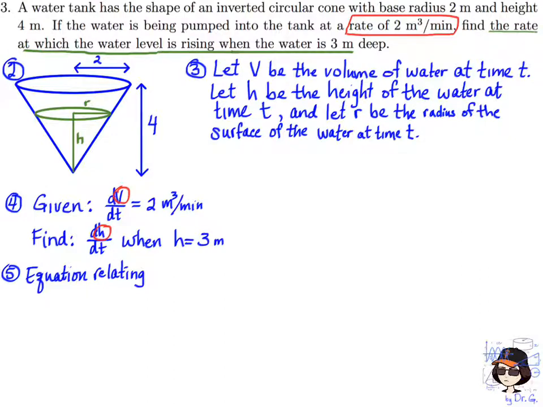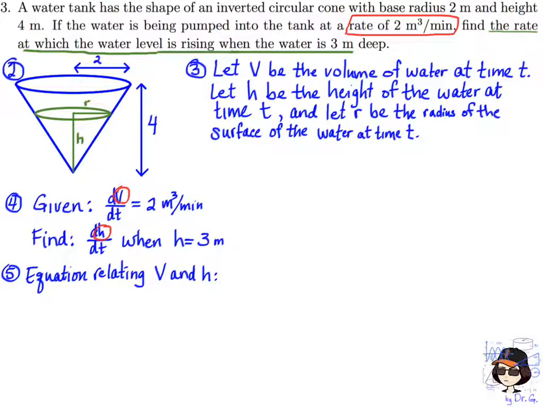We're given a dV/dt and asked to find a dH/dt, so the next thing we need is an equation relating V and H. So we're looking for an equation relating the volume to the height. The volume of a cone and the height of a cone.